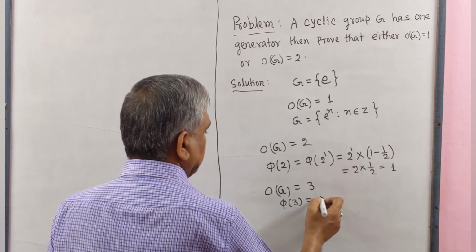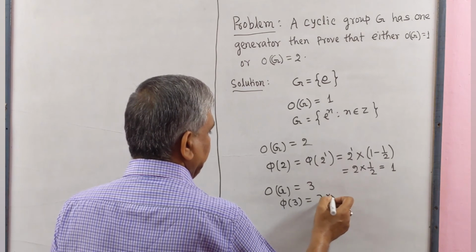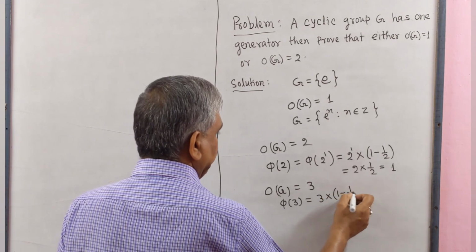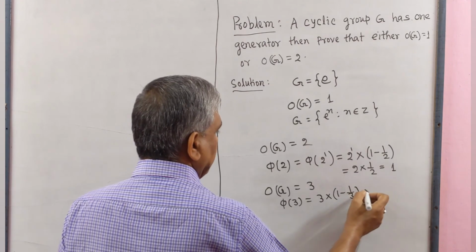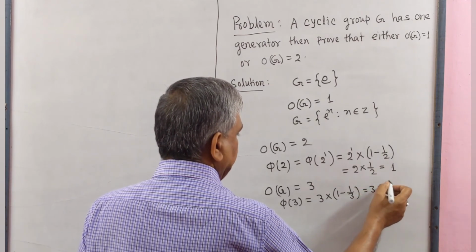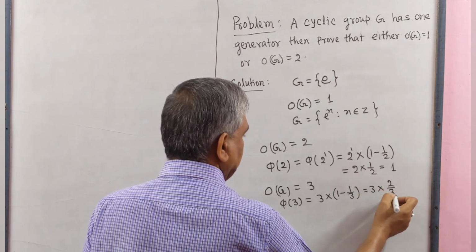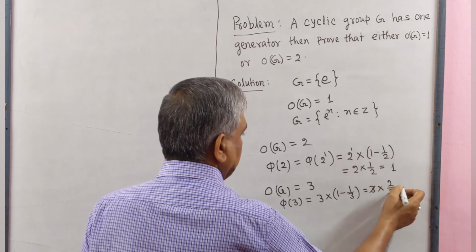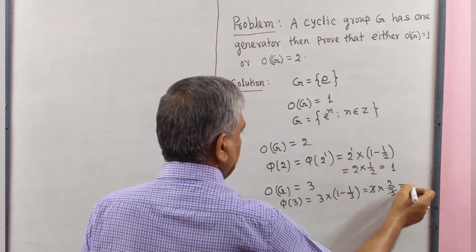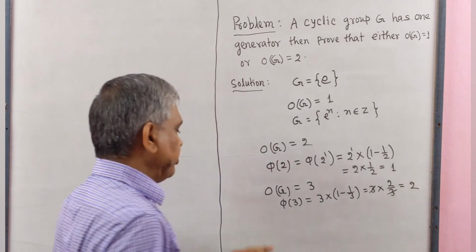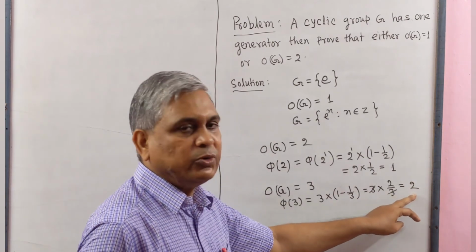This is equal to 3 multiplied by (1 minus 1 by 3), equal to 3 multiplied by 2 by 3, that is 2. Therefore, the number of generators will be 2.